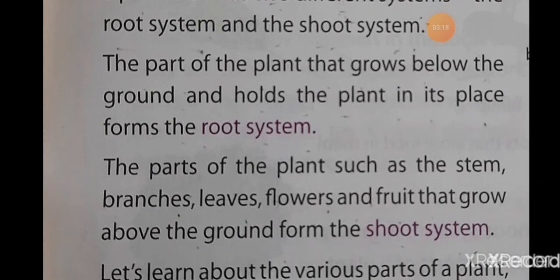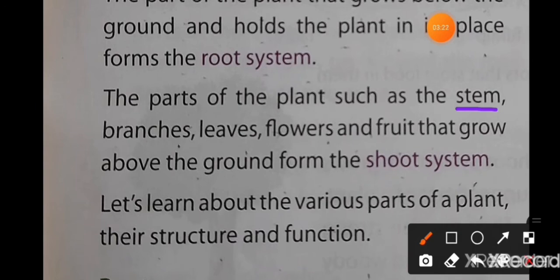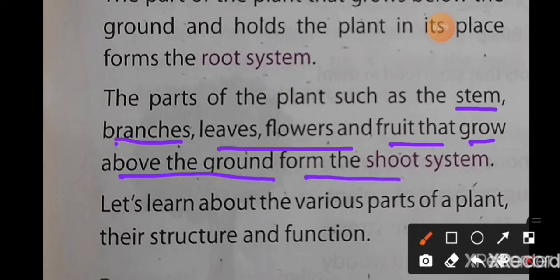The parts of the plant such as the stem, branches, leaves, flowers and fruit that grow above the ground form the shoot system.